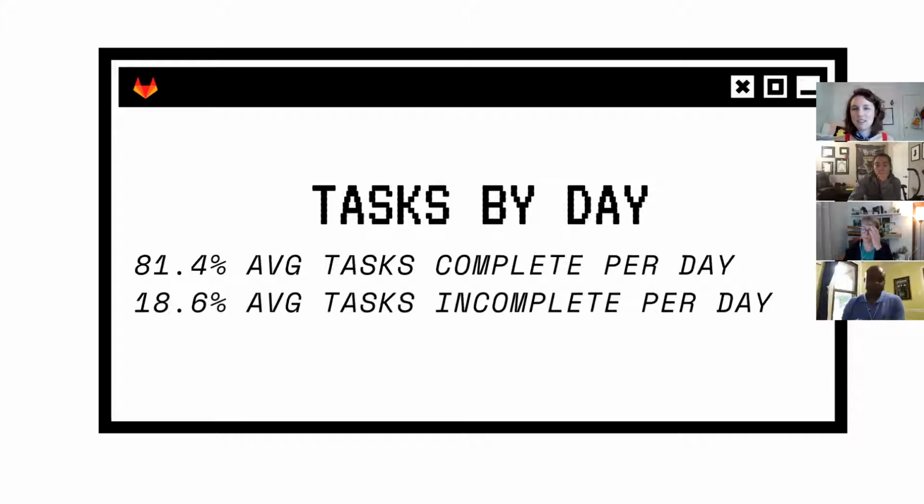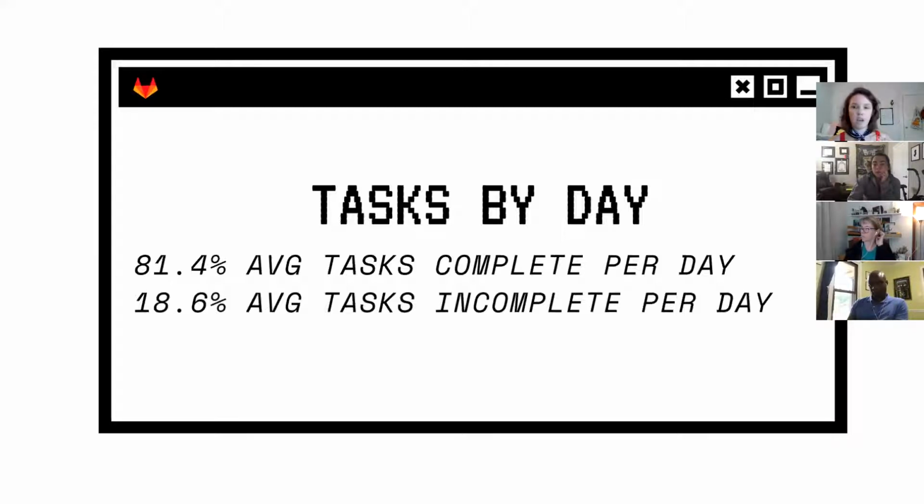Does anyone else have any other questions? That's for open and closed issues, right? Right, yes. So this includes everyone. It's just open and closed issues within the last 6 months.